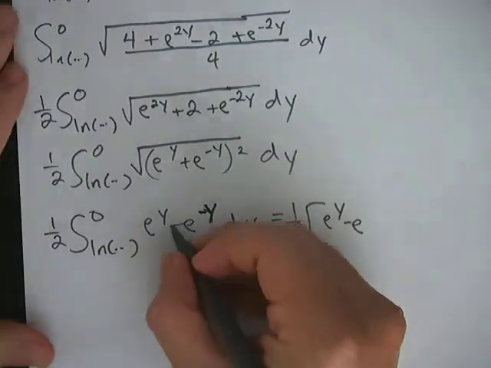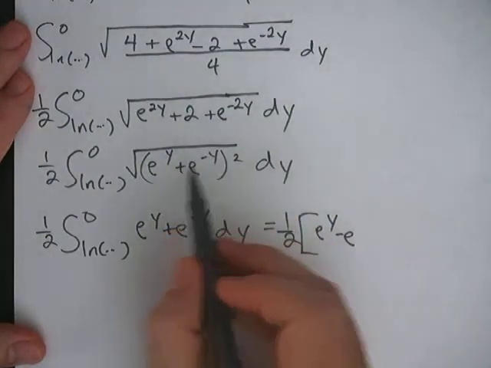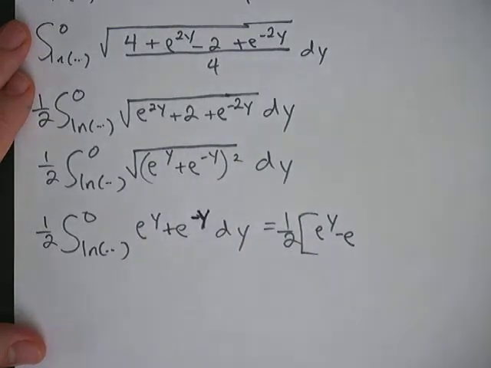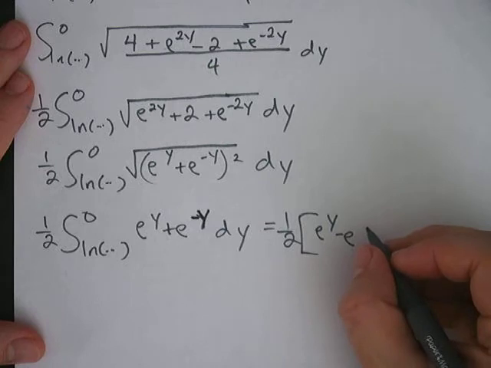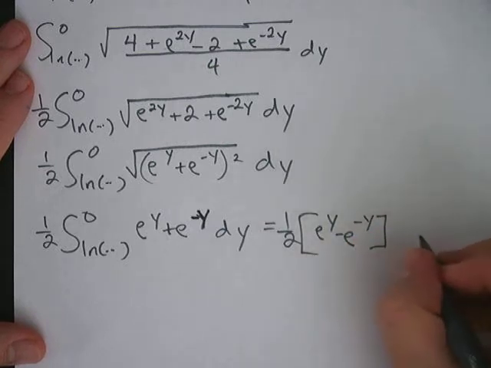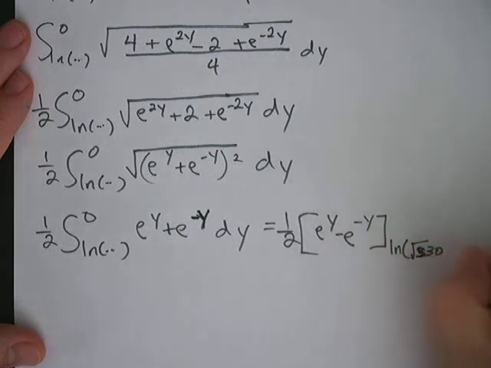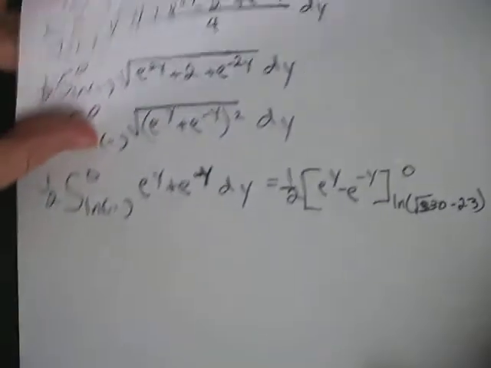Okay, so positive right there. Sorry for that mistake. When we factored this, it turned into this. Correction there. Okay, and then we have minus e to the -y. And then we will do our limits from ln of the square root of 530 minus 23 to 0. Okay?